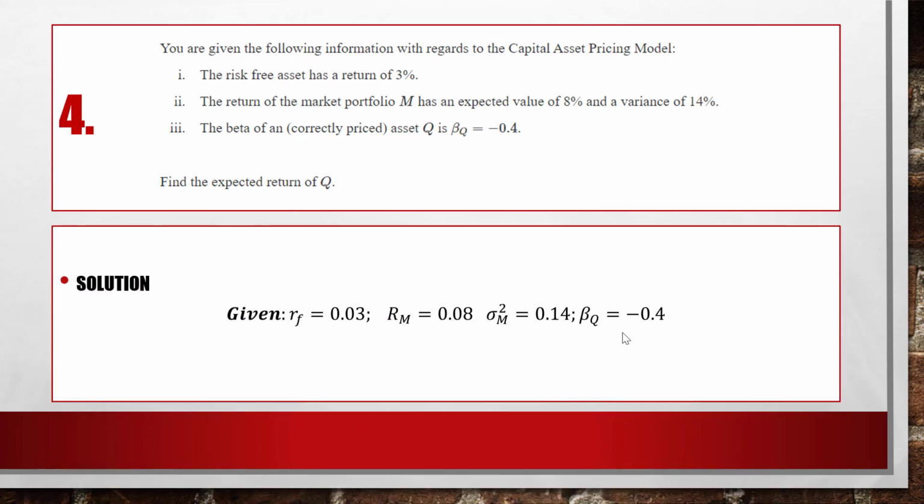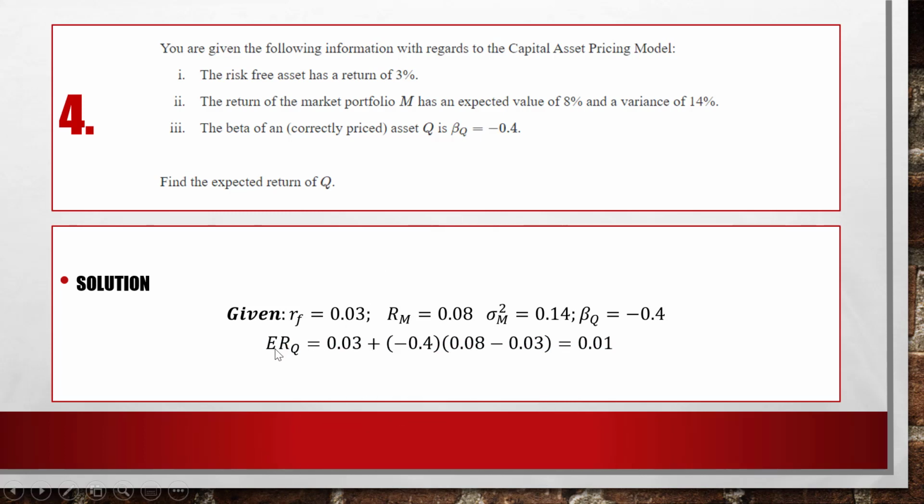So here, the question gives you Rf is 0.03. Just summarize the question. RM is 0.08. Sigma squared of M is equal to 0.14. Beta of Q is negative 0.4. And the question asks for the expected return of Q. So let's use the security market line.